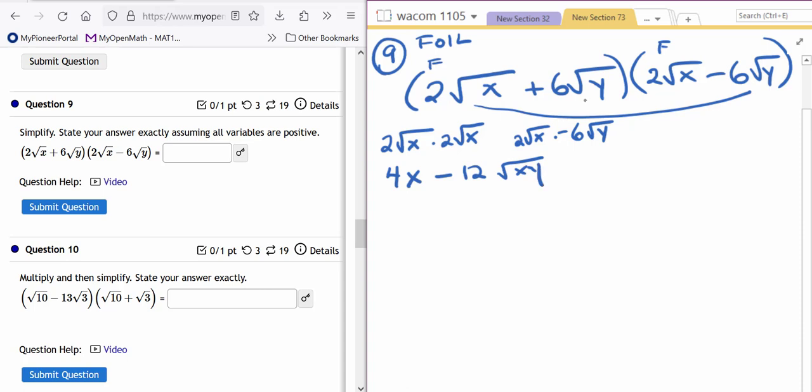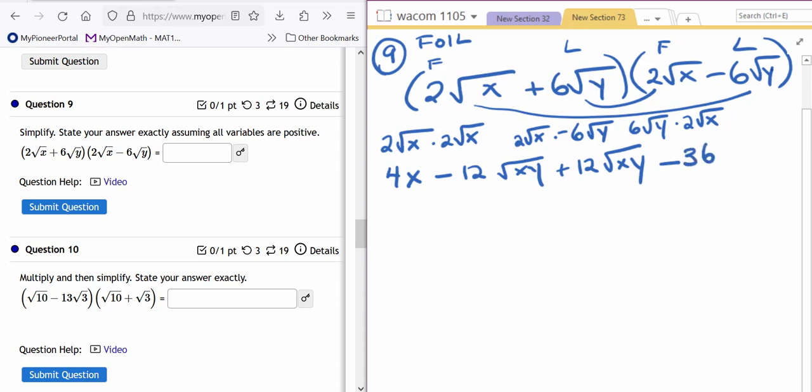All right, now we'll go inside. So we're doing 6 times the square root of y times 2 square root of x. So this would be plus 12. And yx and xy are the same, so we'll write them in the same order. And then we're going to do the last terms, which are these two. It is going to be minus, and the 6 times 6 will give us 36.